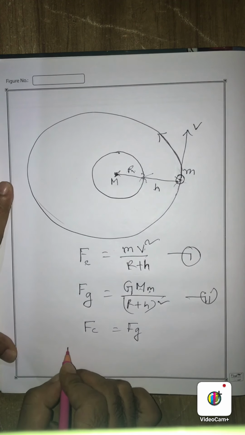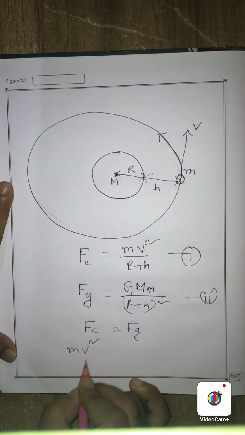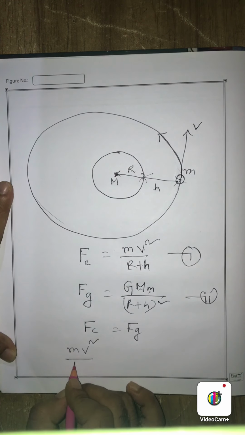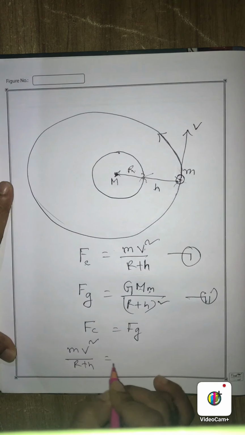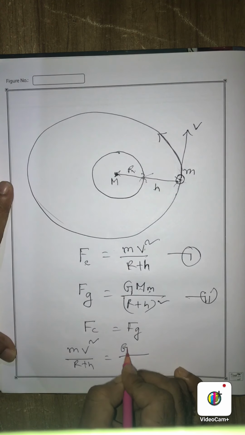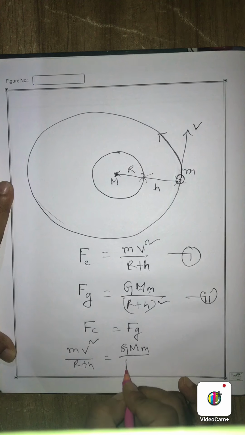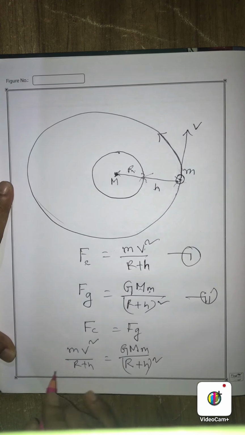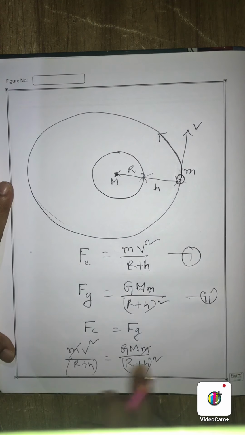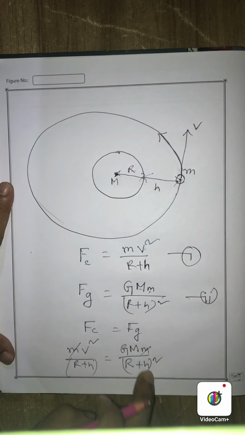Now, small m v squared divided by R plus h equals G capital M small m divided by (R plus h) whole squared. So small m cancels, and one term R plus h from both sides is cancelled. So v squared equals GM by R plus h.